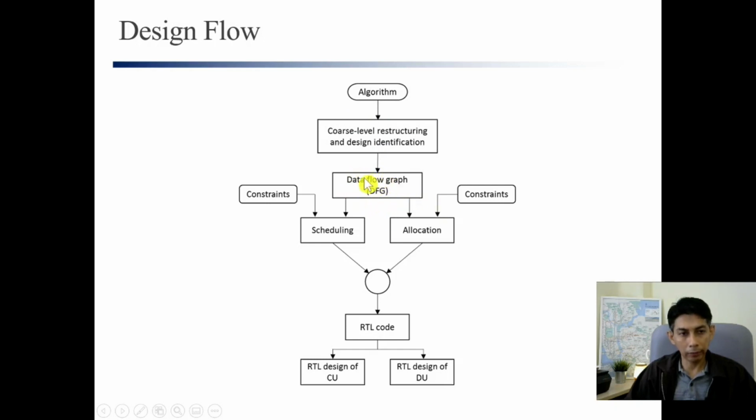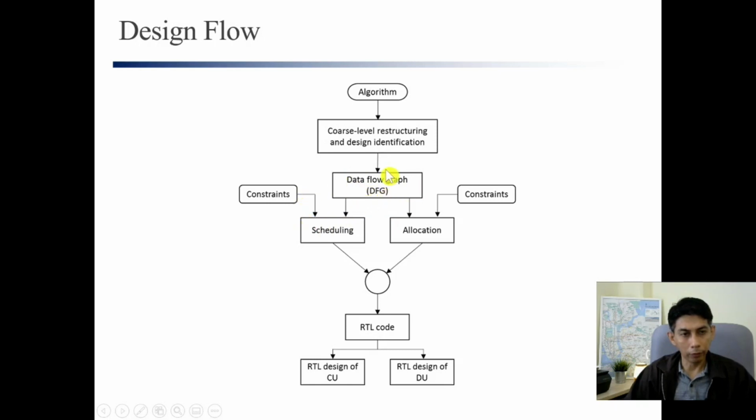The data flow graph will show the data dependency between the input, the processing unit, and also the output. How the data is connected, processed and transferred between one register and another register, or one resource to another resource.